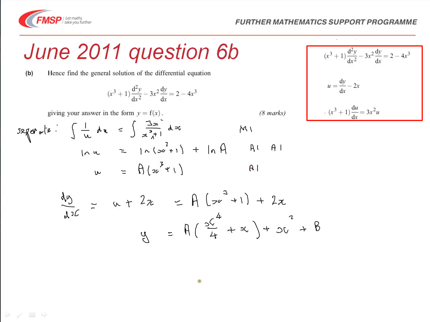Having got that, we then get a method mark for applying the fact that dy by dx is u plus 2x and then substituting in, and then a method mark for ending up with the required constant in both parts here, having done the integration, and then an accuracy mark for having the correct solution at the end of it.